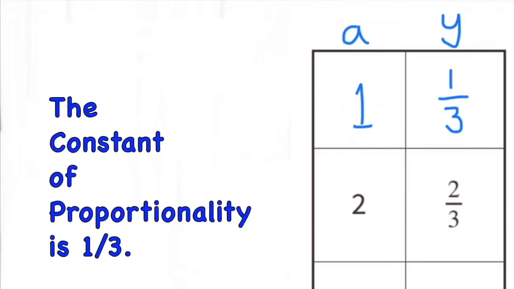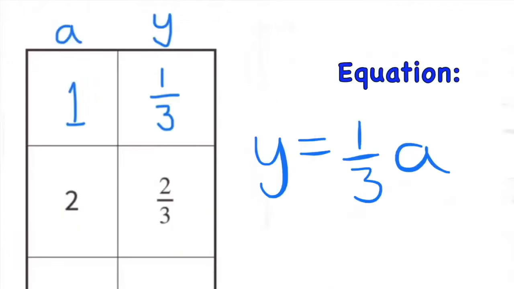The constant of proportionality is 1/3. An equation to represent this relationship is y equals 1/3 a, or y equals 1/3 times a, which is also equivalent to y equals a divided by 3.